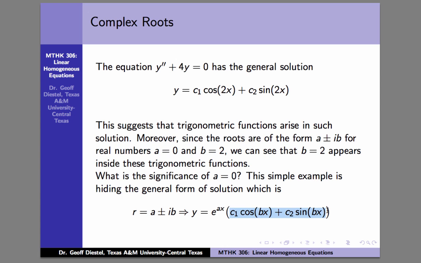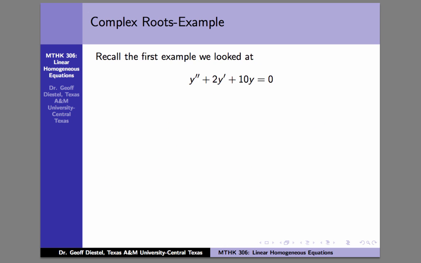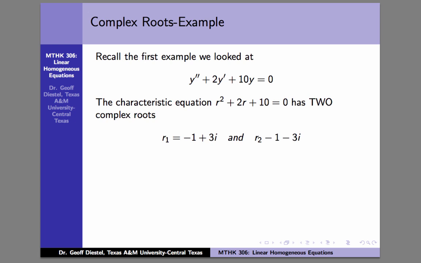So now let's go back to our original problem, which was a little more complicated because it didn't have complex roots that were simple like this example where a is 0. In this other example, a is not 0. So this was the example we considered first. Again, we look at the characteristic equation, plug it into the quadratic formula, and I see there's a little typo here.